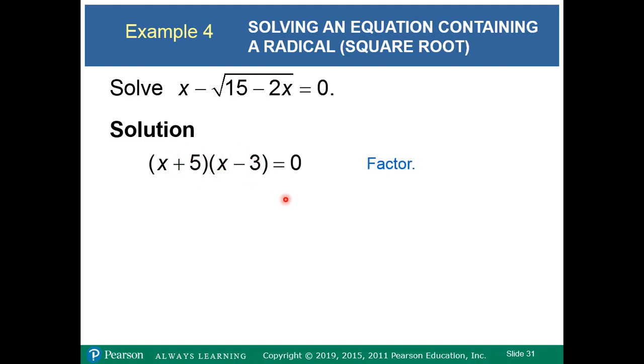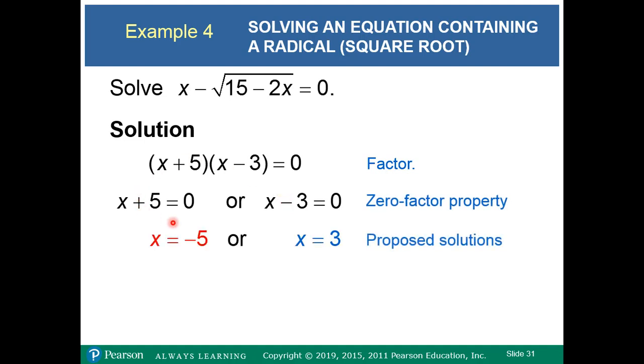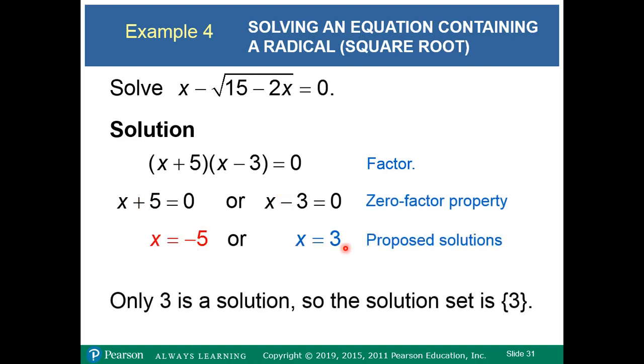Now we just have to solve for each one of these, and we get x equals negative 5 and x equals 3. Now, x equals 3, no problem. But x equals negative 5, we're going to have a problem because we're going to get a negative under the radical. Can't have a negative under the radical, so it cannot be a solution. So the only solution is x equals 3.